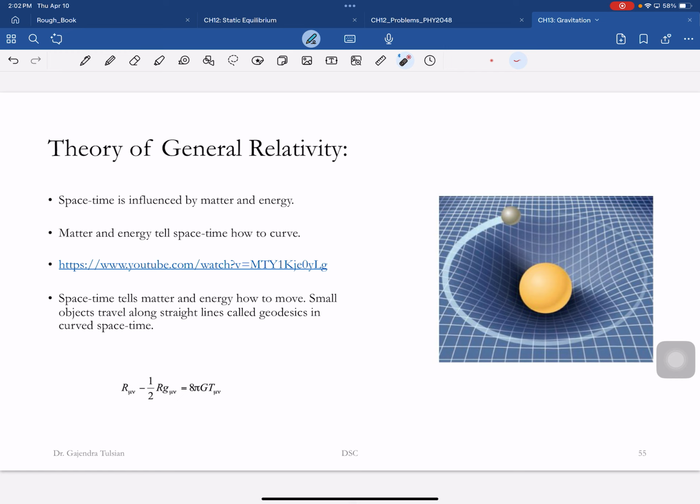If you push the ball and there's no force acting on it, it goes in a straight line. When no force acts on an object, it goes in a straight line. Now in curved space-time, with no other force acting on it, this object is going in a straight line. So when the Earth is going like that, it's going in a straight line. Now you make the sun vanish, and the space-time is going to start getting flat.